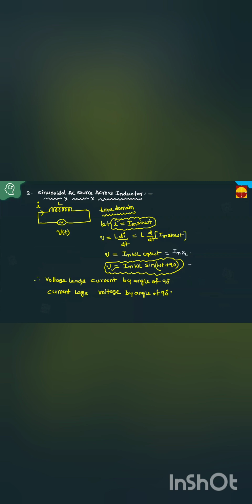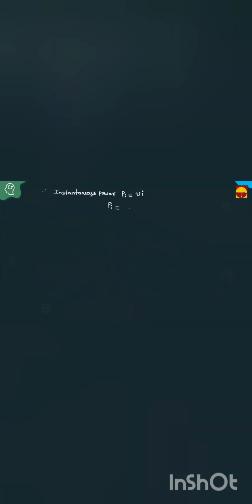With I equal to Im sin omega t, V equal to Vm cos omega t, so the power is Vm cos omega t into Im sin omega t.